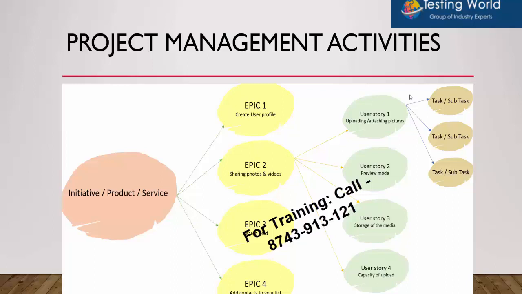These epics can be further divided into user stories, and user stories can be further divided into tasks and subtasks. So from the Agile point of view, first it will be a project or service that we are developing, which can have many epics. Each epic can have multiple user stories, each user story can have tasks, and each task can have multiple subtasks. So just remember this architecture.